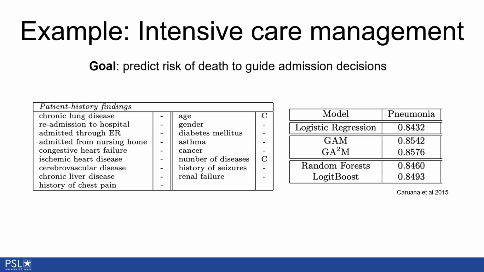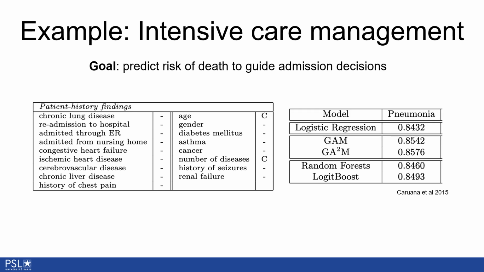Optimizing interpretability in generalized linear models therefore means optimizing both sparsity and monotonicity, and more broadly, the simplicity of the model. How exactly to do this efficiently is a topic of current research. To compare logistic regression and generalized additive models, let's look at an example that we discussed in earlier lectures: intensive care management.